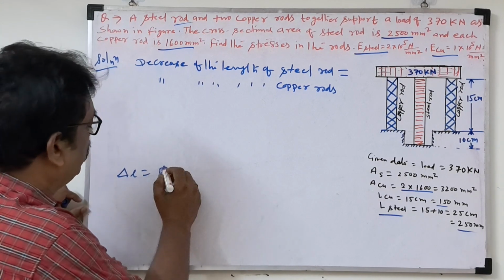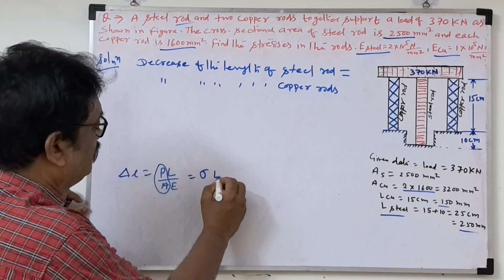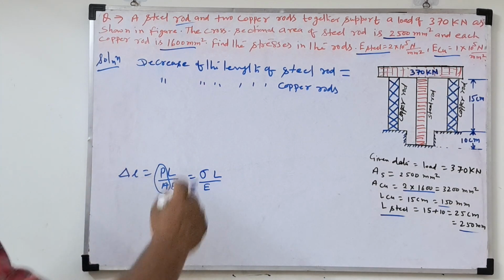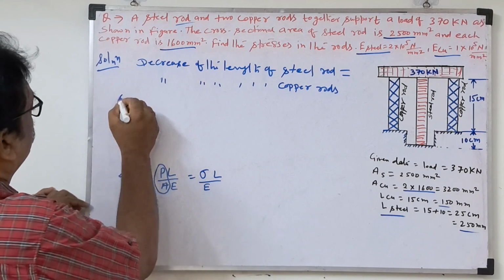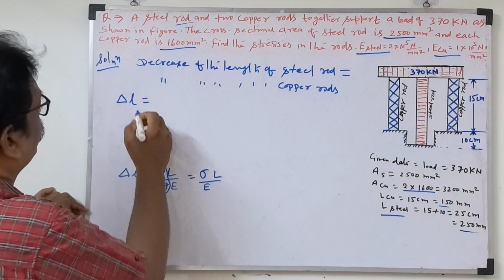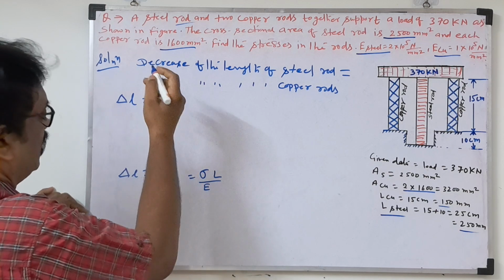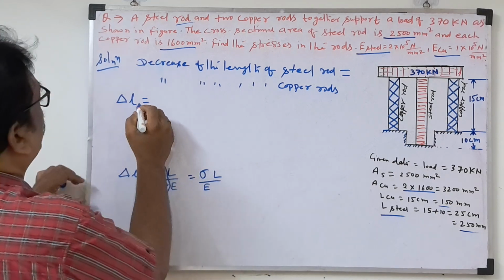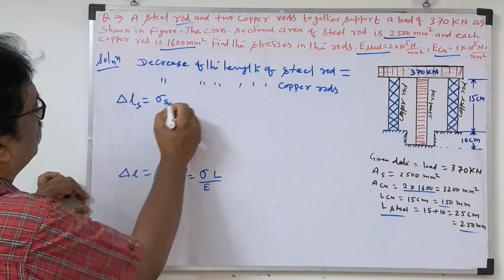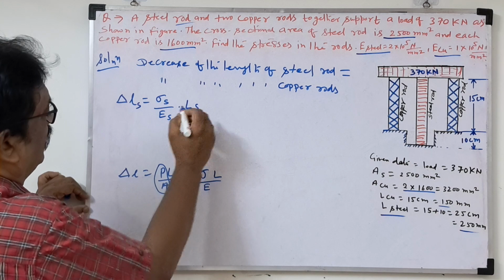P by A is nothing but stress, so delta L is stress times length divided by Young's modulus. The decrease in length of the steel, delta L of steel, is sigma S by ES into LS.